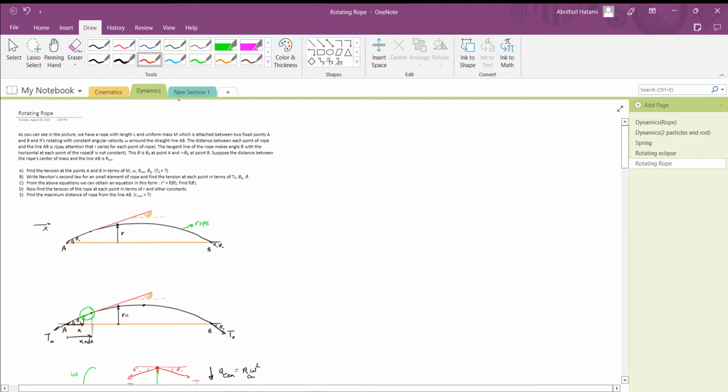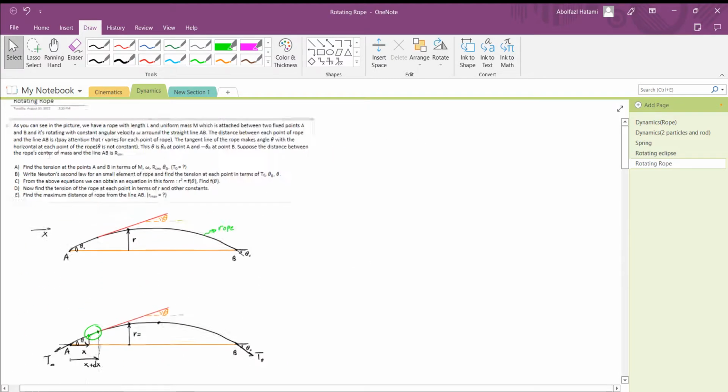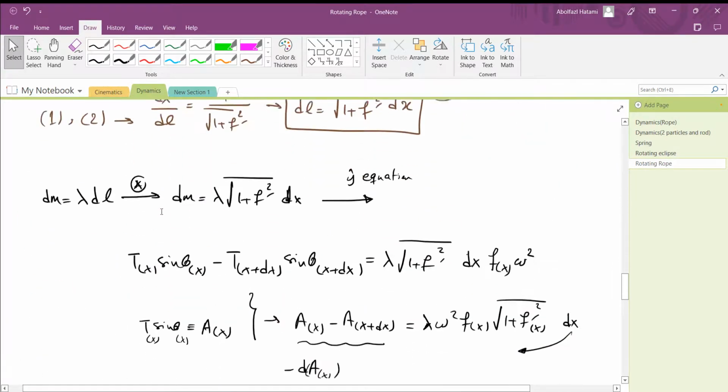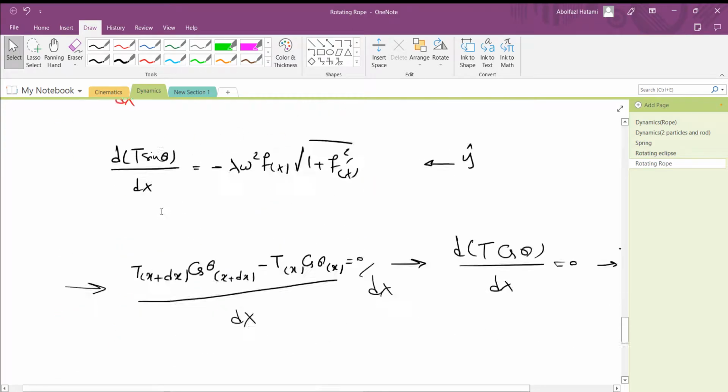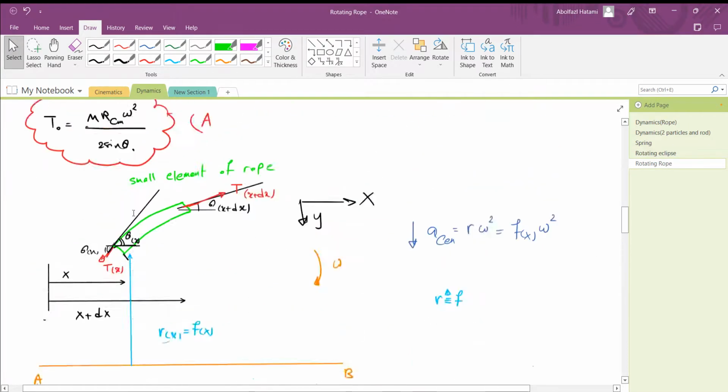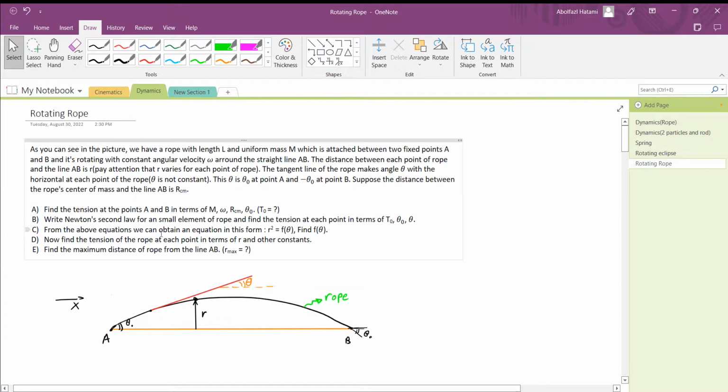Okay, the next part is part C. It says that from the above equations, meaning from these two equations which I wrote in two directions, x hat and y hat, it wants us to obtain an equation in this form, r squared equal to f of theta. Don't be confused with these two f's.